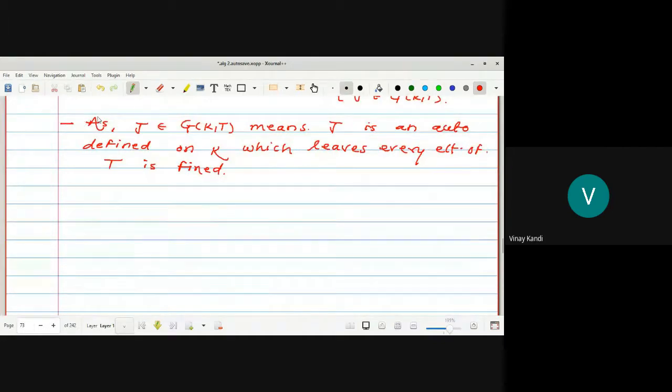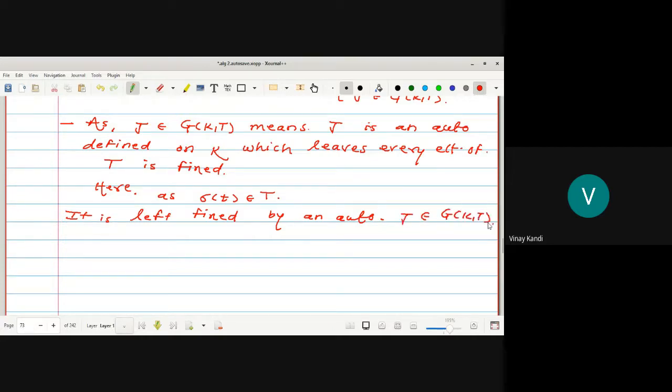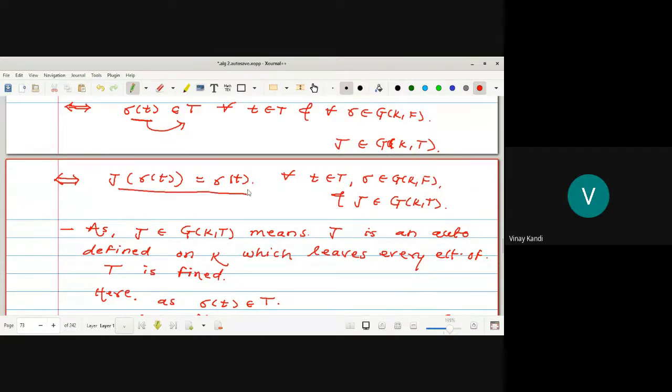This is the reason for the above step: as sigma of t belongs to T, it is left fixed by the automorphism J belonging to G(K/T). Thus we get J of sigma of t is equal to sigma of t.